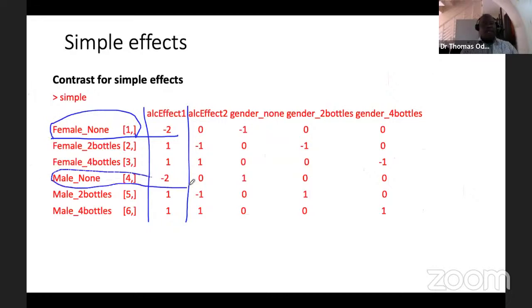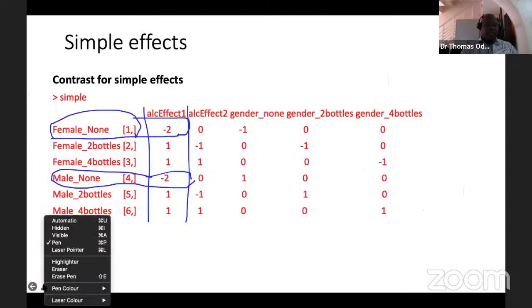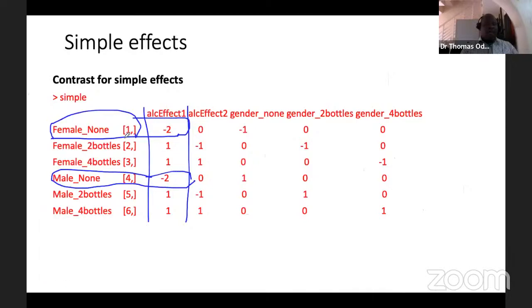This on one side, and then with another color of my pen, we want to compare these because these are some, and these are also some. So this is what we tested before.